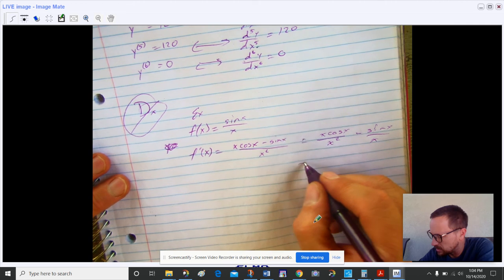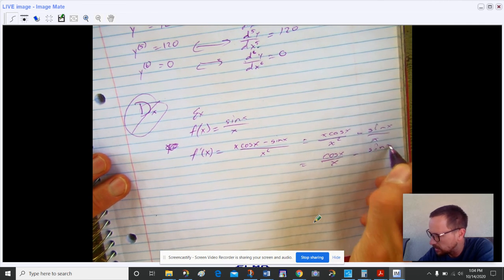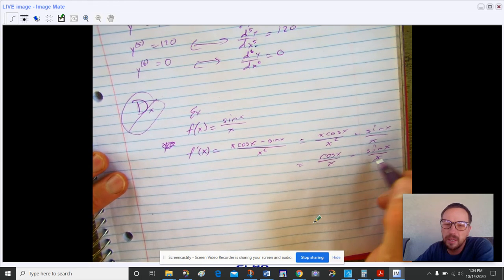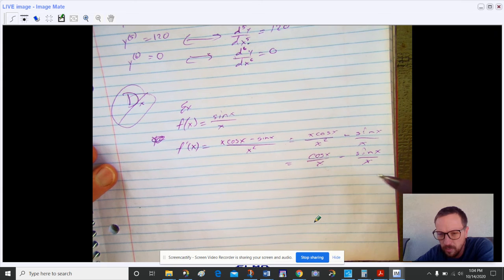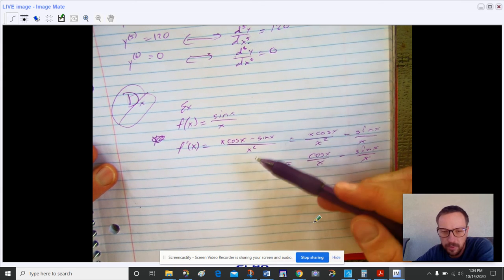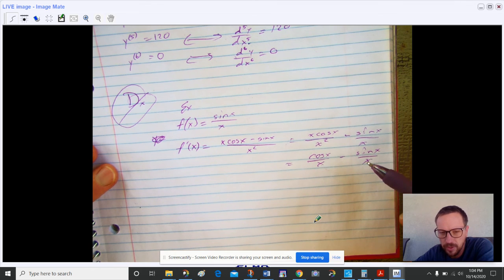Now, we already did that one too, so this actually comes out to be cosine of x over x minus sine of x over x squared. Isn't that neat? We already did this one, so when we take the derivative to get the second derivative, that would match up.